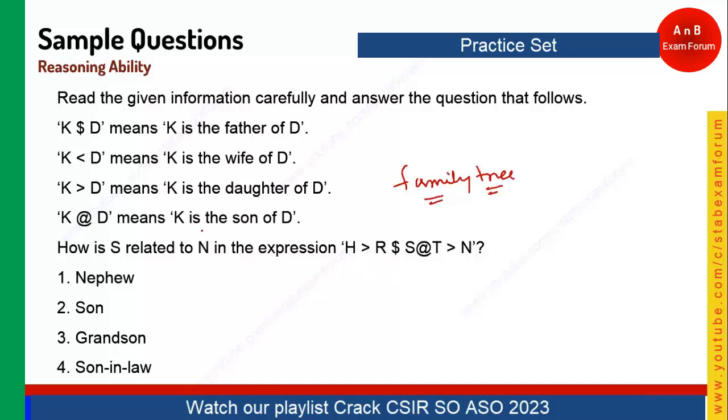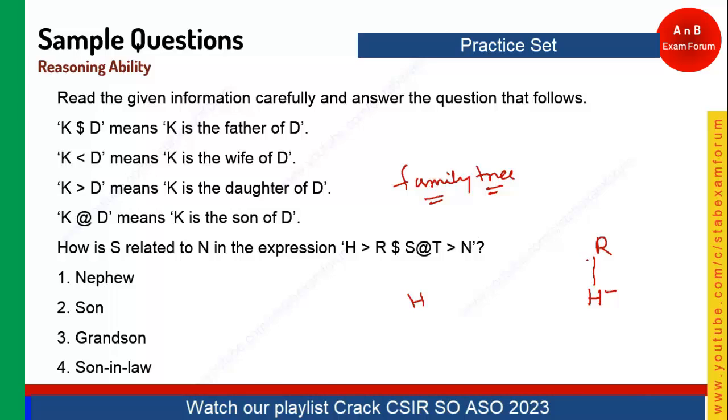H greater than R. What does this greater than mean? H is daughter of R. R dollar S, dollar means what? Father.